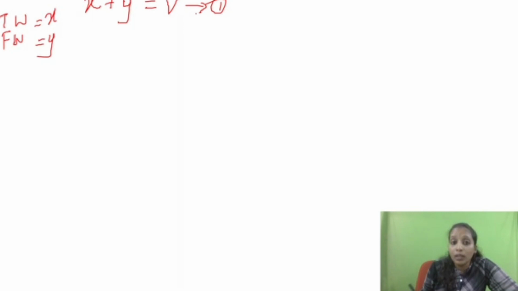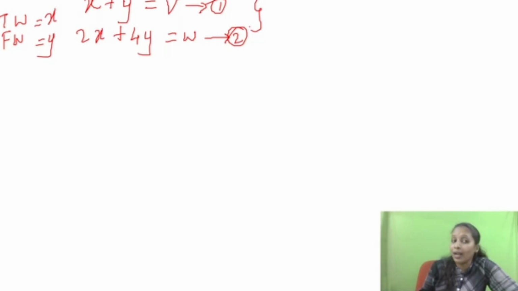The total number of wheels should equal the wheels belonging to two-wheelers plus four-wheelers, so that would be 2x plus 4y equals W. Let's take this as the second equation. Now the task is to simplify these two in order to get either the value of x or y. To get either, we have to eliminate one unknown.